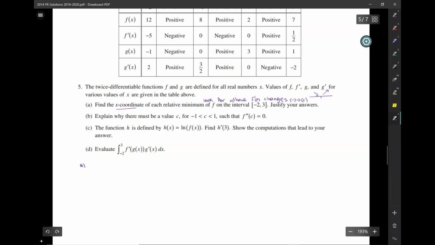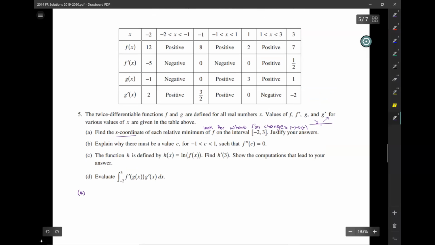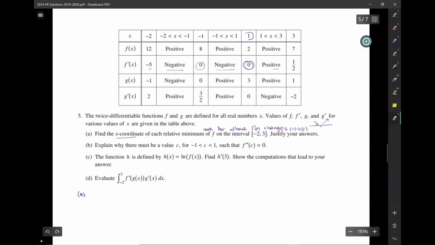Okay, so let's take a look at f prime of x. This is what it's saying. When x is -2, f prime is -5. Then until -1, f prime is negative. Then f prime is 0, then negative, then f prime is 0, then positive. So the place where f prime changes from negative to positive is at, I'm sorry, x equals 1.